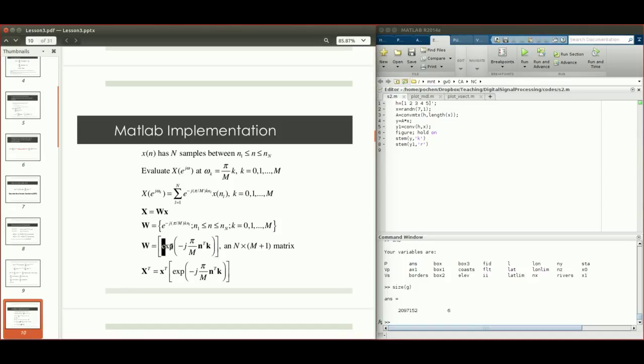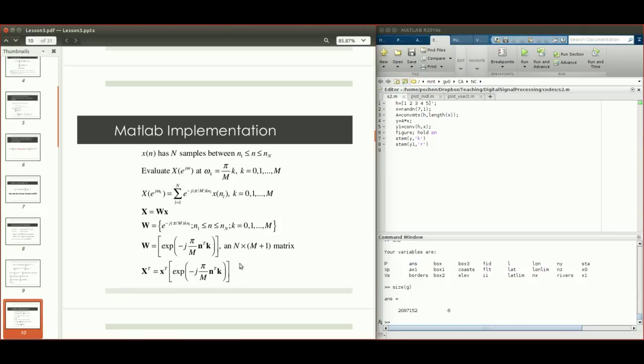The Matlab exponential function applies element-wise, so it's basically the exponential of every element of this particular matrix. Once you have this matrix, all you have to do is carry out this linear algebra multiplication using this matrix times the transpose of the input time domain signal, because this gives you a column vector.